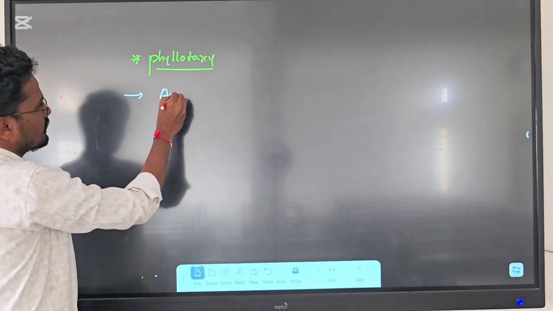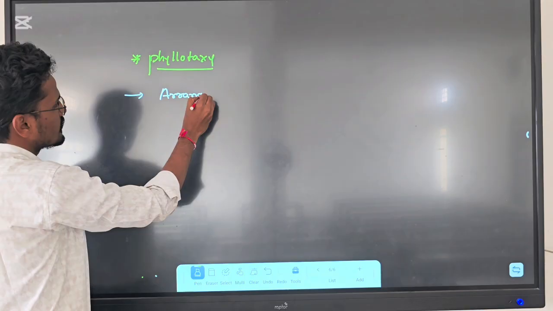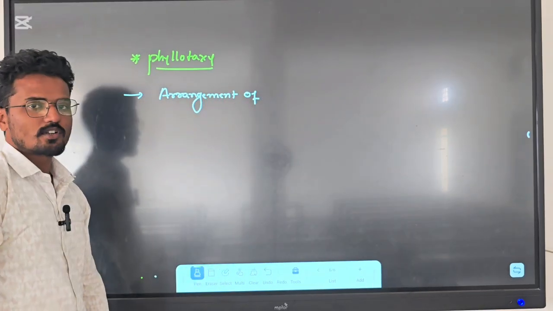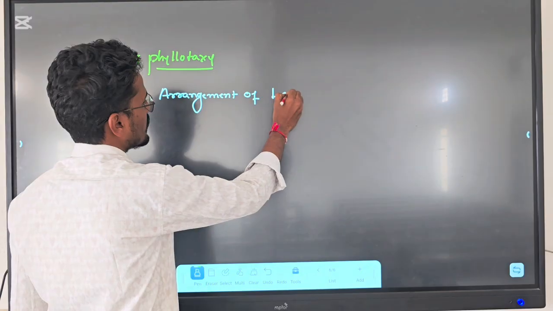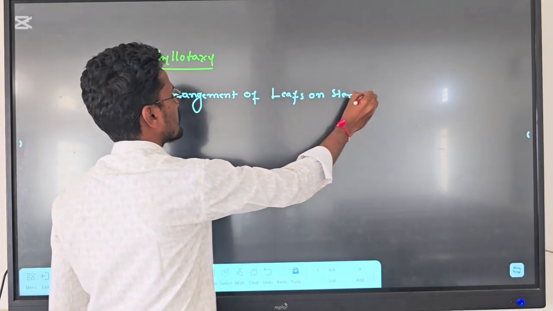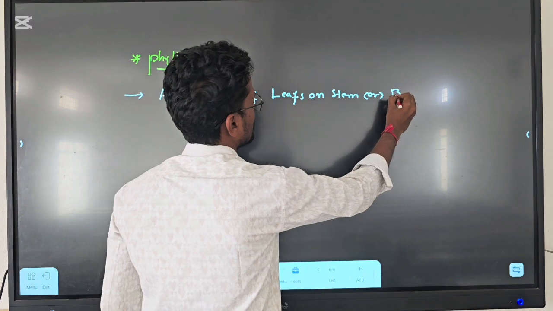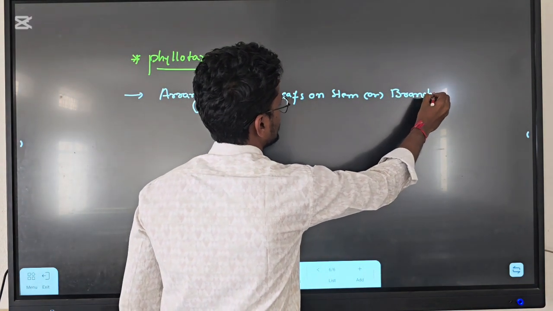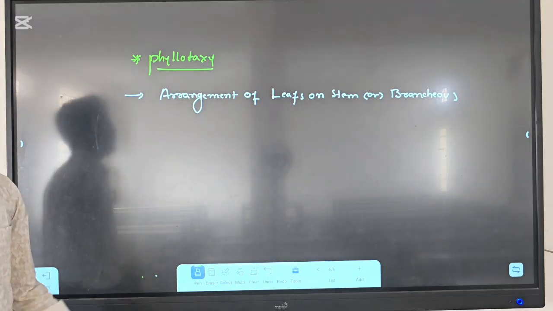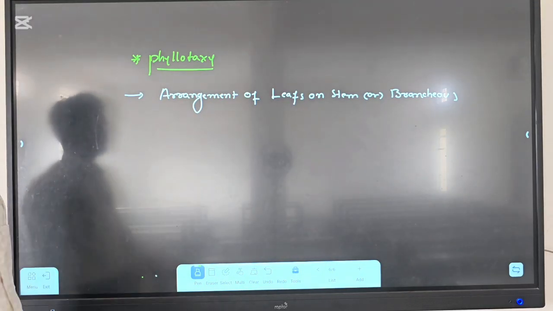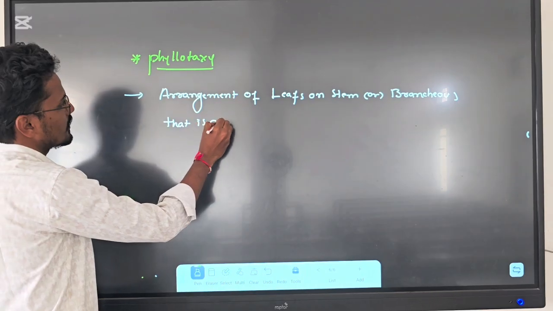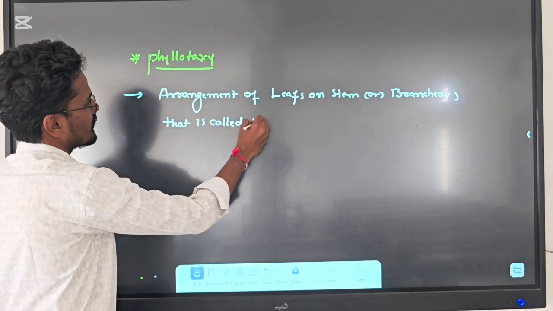Arrangement of leaves on a stem or branch is called phyllotaxy.